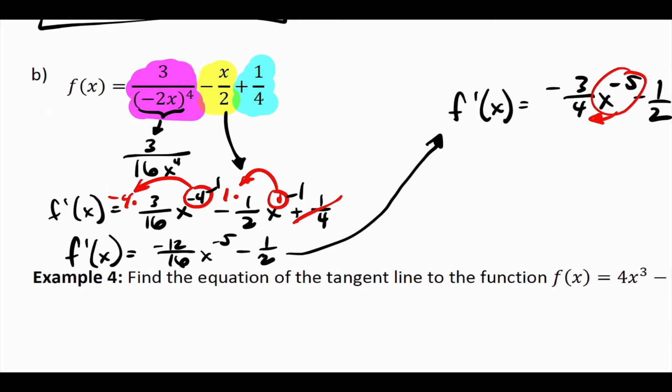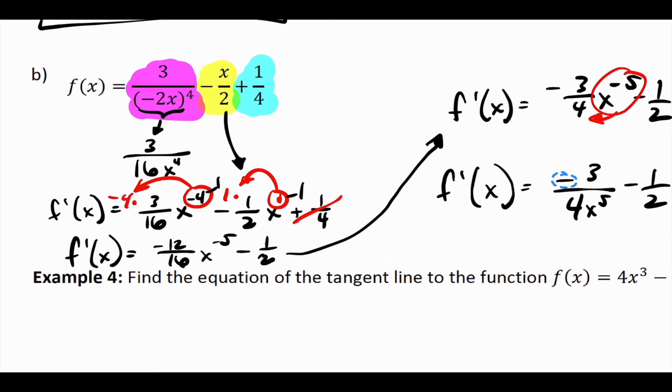It's got to move downstairs back because it's negative. So it's going to move this negative sign here. You can move it to the front, you can move it on top, you can move it to the bottom. It doesn't really matter where you move it, as long as you have it there. The negative sign in front of the 3/4, 3 over 4x to the fifth.